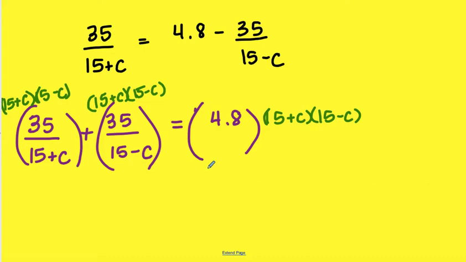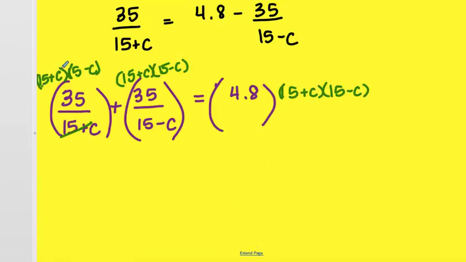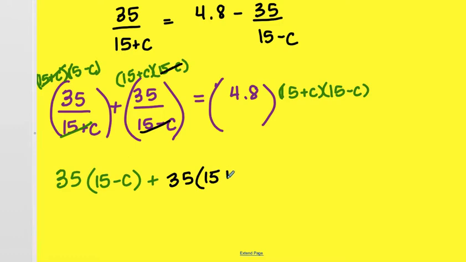Okay, so let's do that. The 15 plus C's cancel, and I get 35 times 15 minus C. Plus, then the 15 minus C's cancel, and I get 35 times 15 plus C, equals, and hopefully you're noticing this is a difference of two squares because they're the exact same.